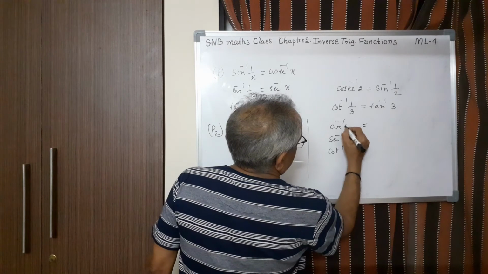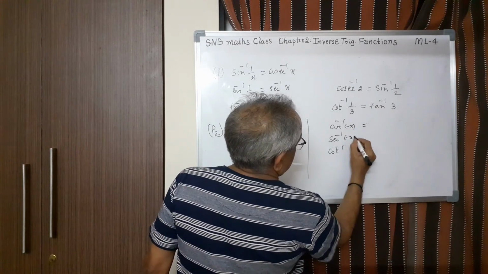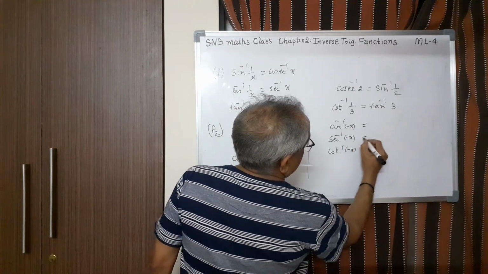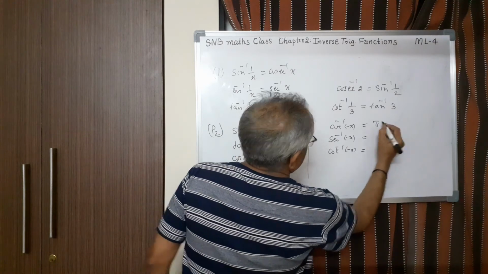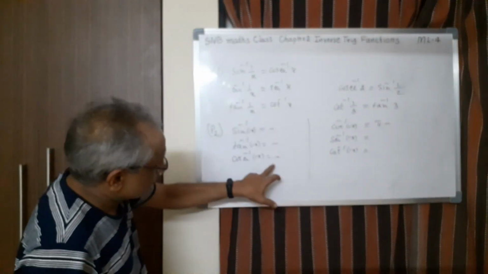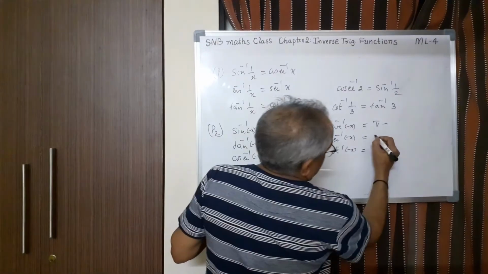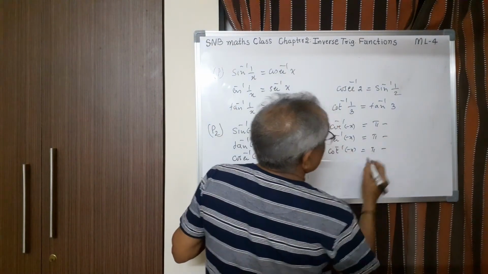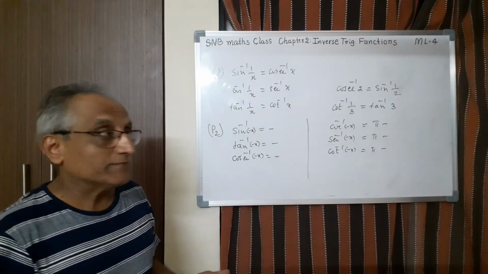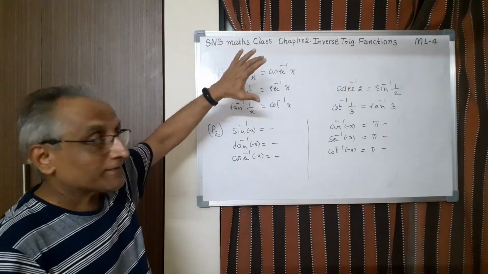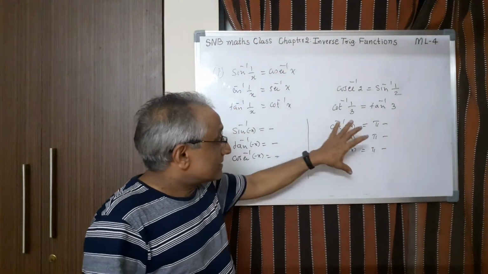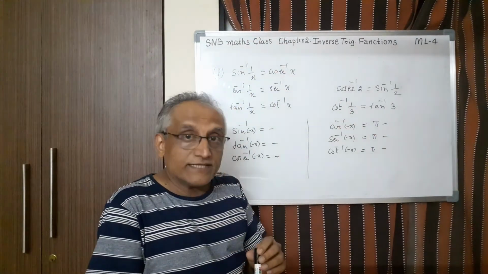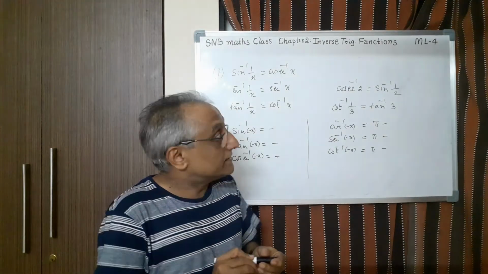And here if it is minus x, the only change is pi minus. Same thing here with minus, but here it is pi minus. So this is how you should relate them so that it is easy to remember. So the first set 3, second set 3, third set 3. So these are the total 9 properties we have studied in this lesson.